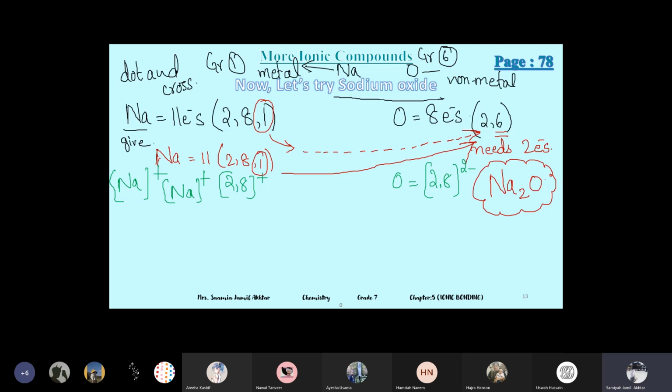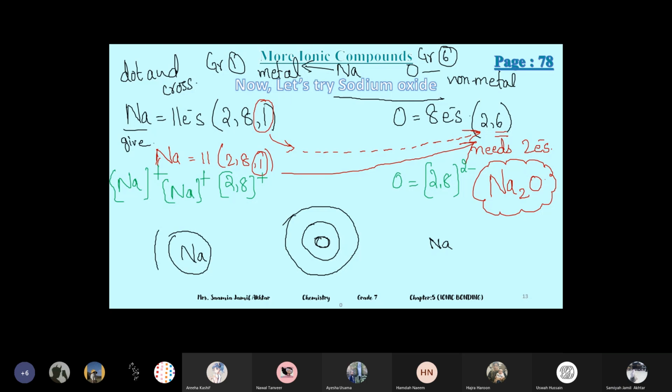So here it will be oxygen in the middle and 2 sodiums on the sides. Oxygen, first shell, second shell. Fill up these shells. Sodium, sodium.